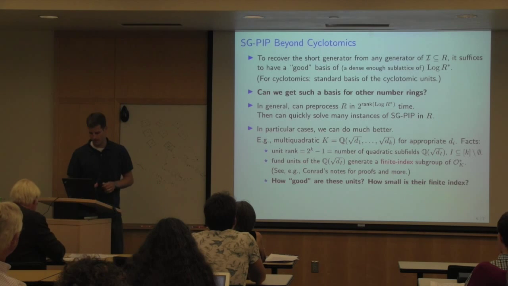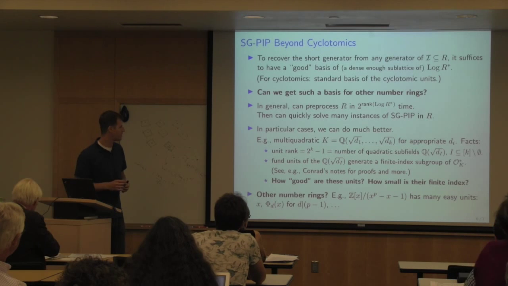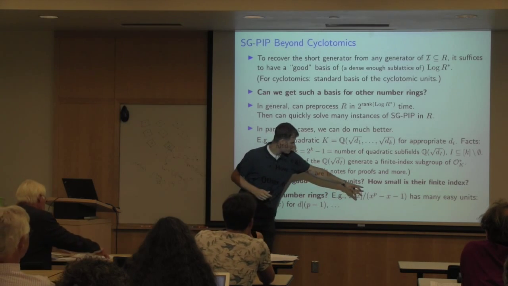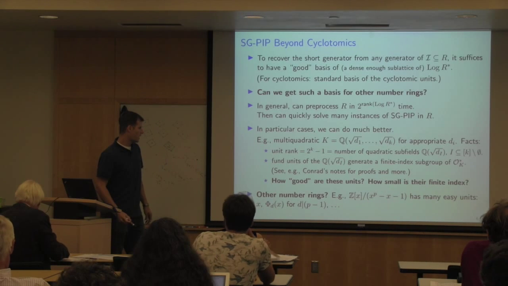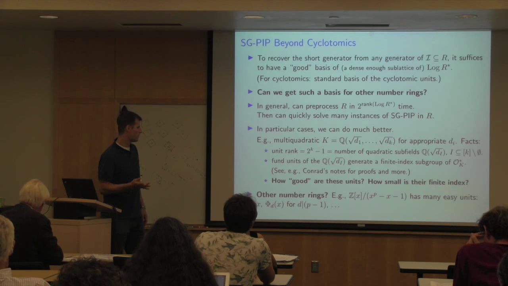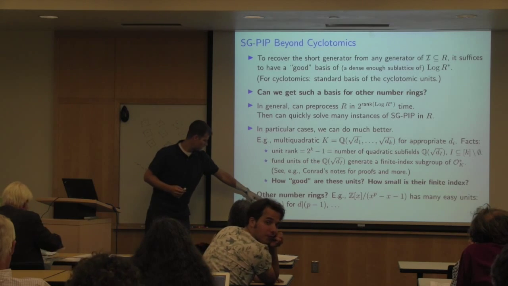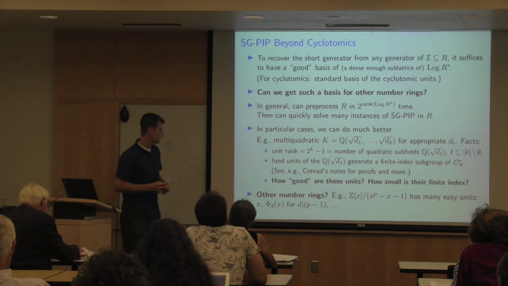So, here's one more example. I think Jeff mentioned this here, and also Dan Bernstein has suggested this ring, where you take C[x] mod x to the p minus x minus 1, where p is a prime. And you can just write down a handful of units for this ring. For example, x is a unit. The dth cyclotomic polynomial in x for d dividing p minus 1 is a unit.